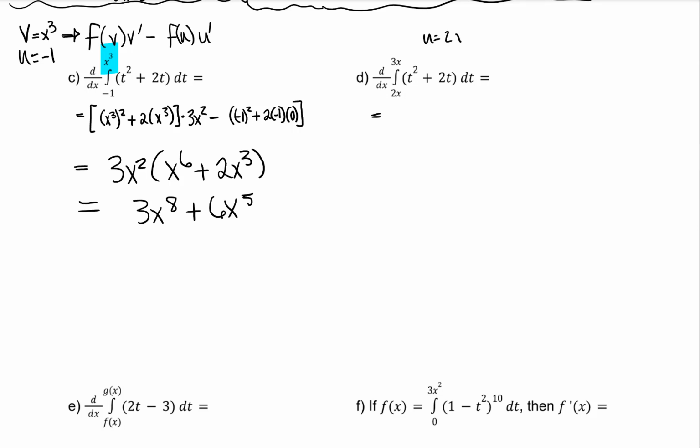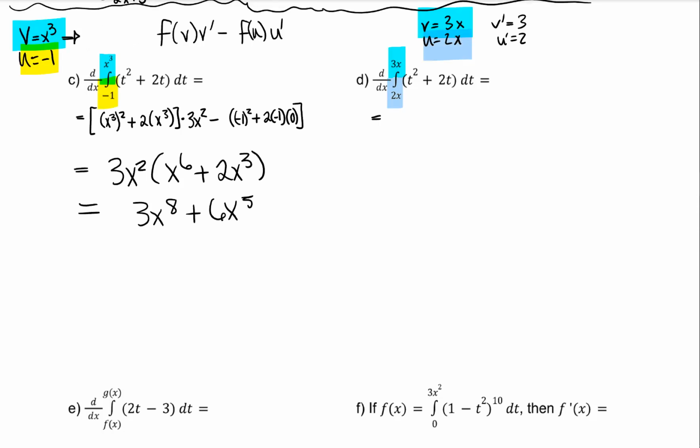Our lower limit is 2x, our upper limit is 3x. The formula should be f of v v prime. Plug in 3x, multiply by the derivative of 3x, plug in u, which is 2x, and multiply by the derivative of 2x.